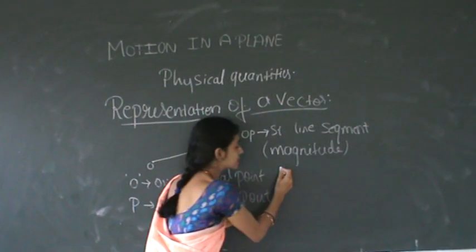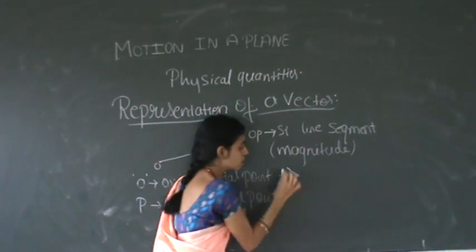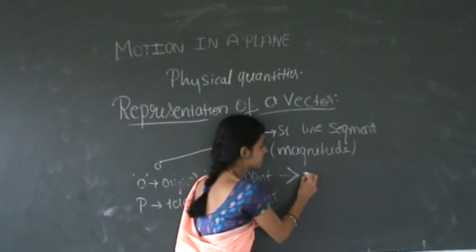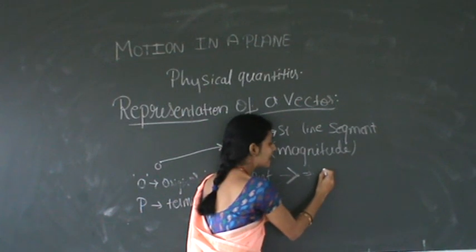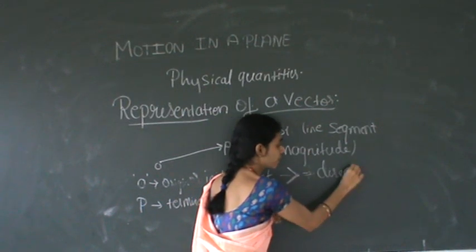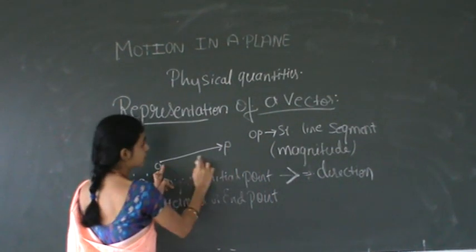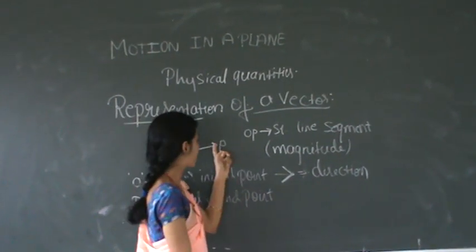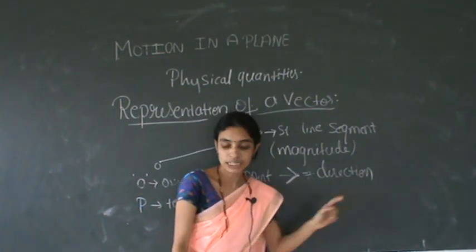And the arrowhead, what does it indicate? The direction of a vector quantity. So the straight line segment gives you the magnitude and the arrowhead gives you the direction of the quantity.